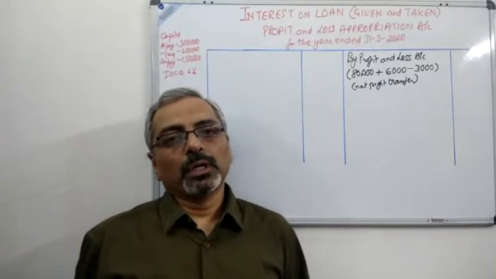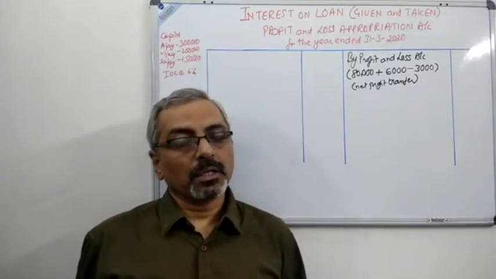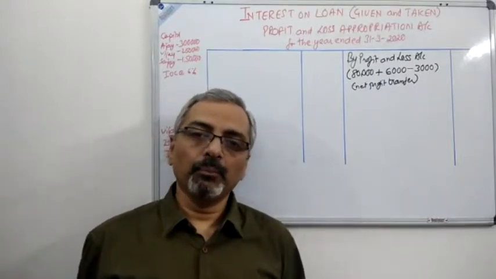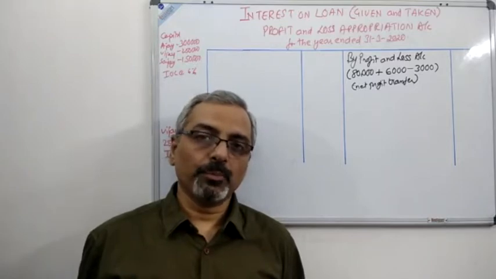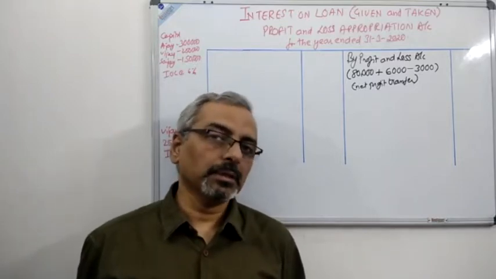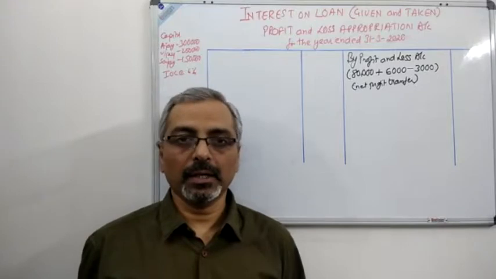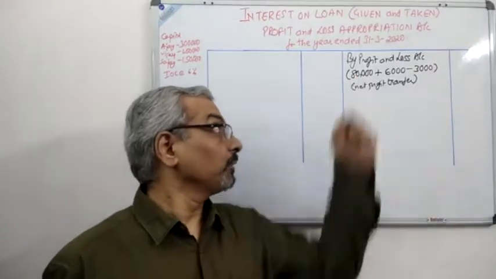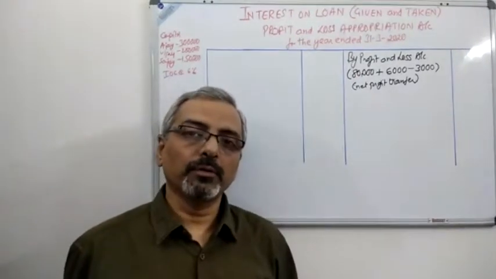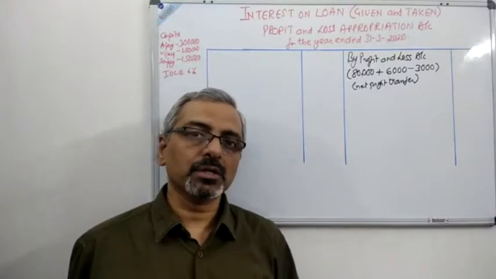After going through the informations in the question, we will now prepare the profit and loss appropriation account. If you remember, the last calculation which I had done was the calculation of how much profit will be transferred to the profit and loss appropriation account.